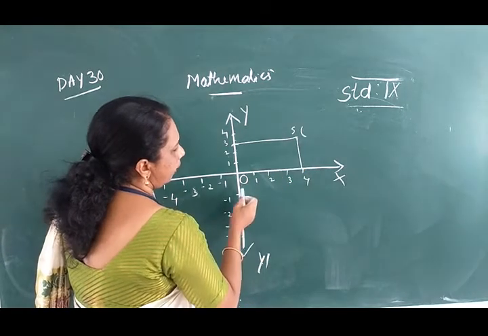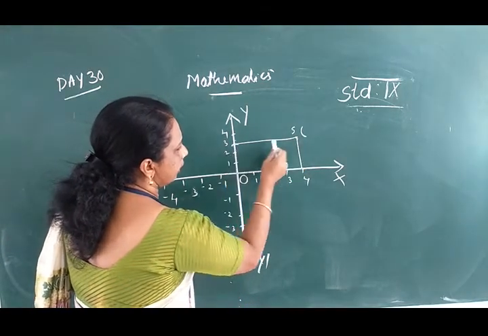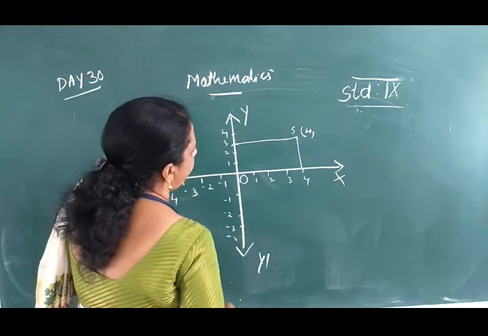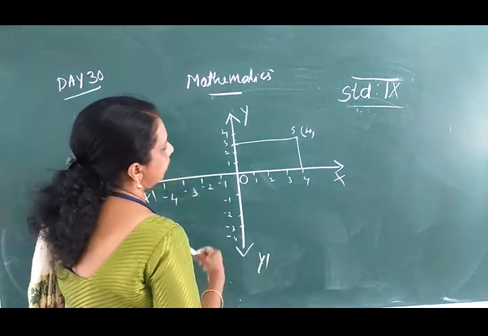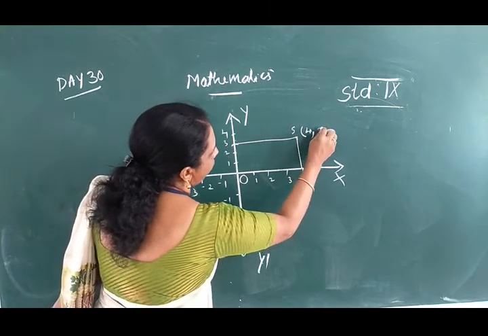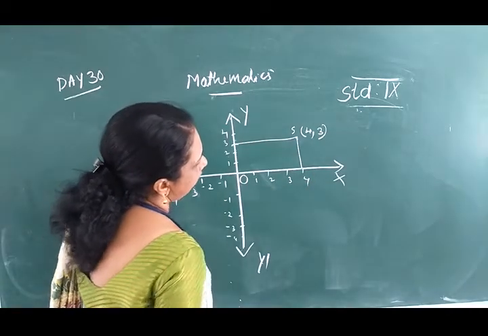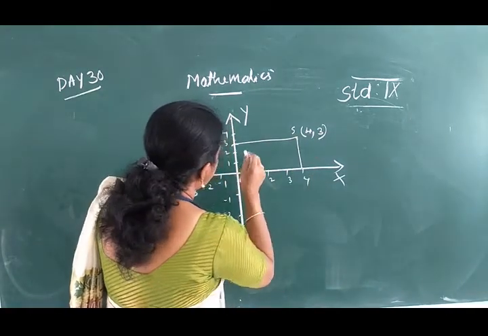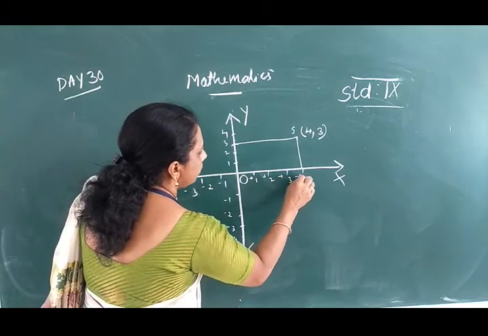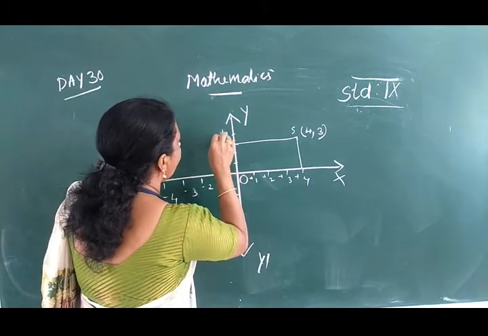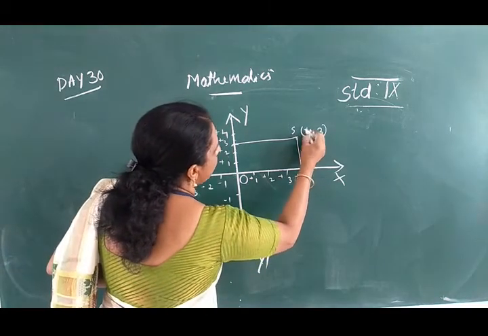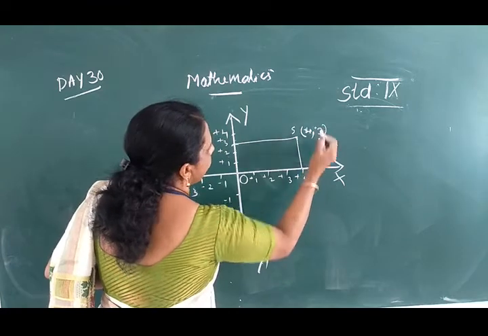X coordinate is perpendicular distance from the y-axis and measured along the x-axis, that is 4. And y coordinate is perpendicular distance from the x-axis measured along the y-axis, 3. I didn't put positive, but these are positive numbers. So these coordinates are (4, 3).